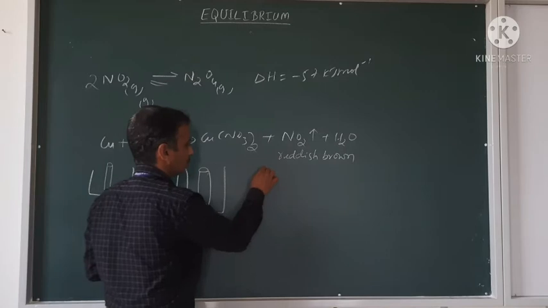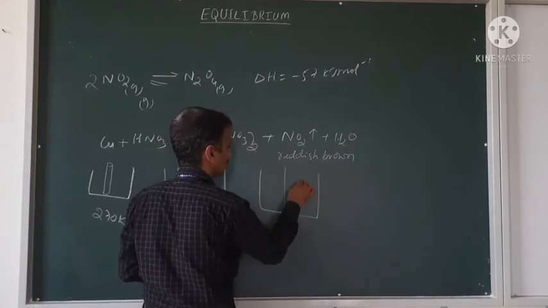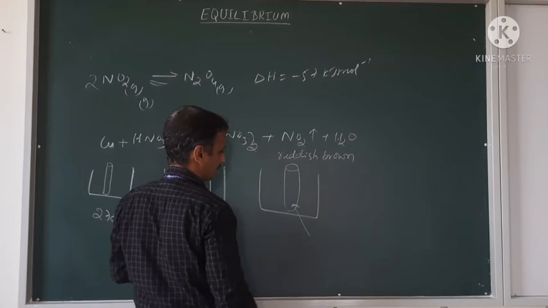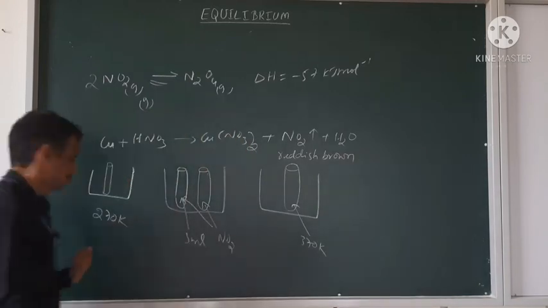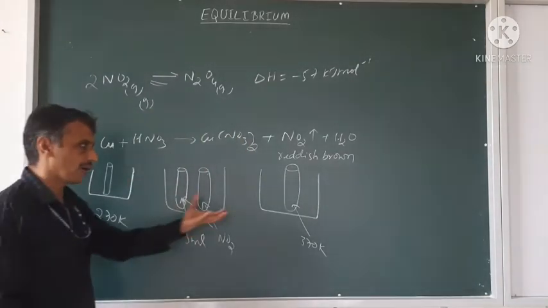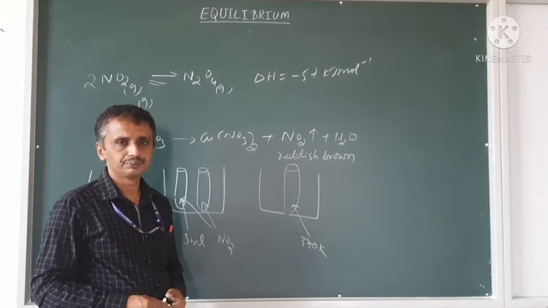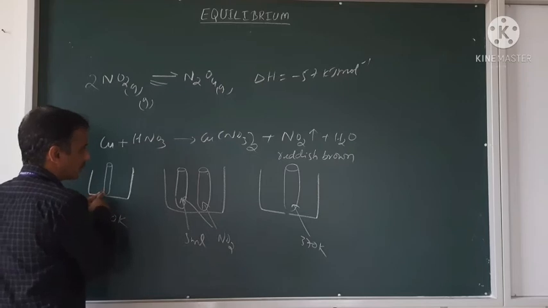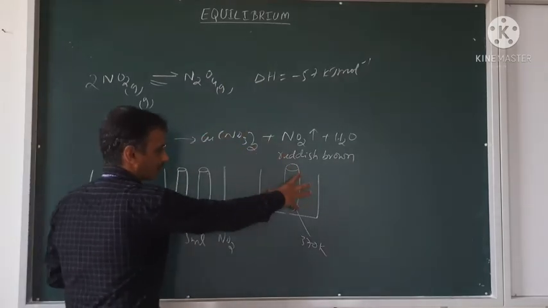And another test tube I will keep in another beaker where the temperature is maintained at 370 Kelvin, meaning I have heated it. And remember, what can happen to the color here and what can happen to the color here.